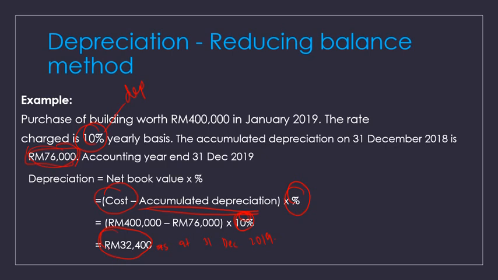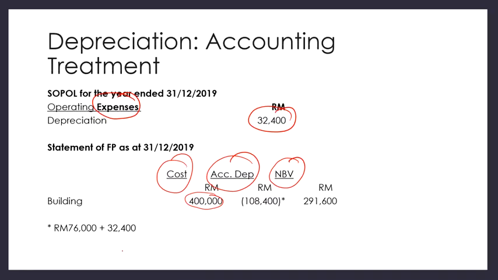Sebab tu kita kena tambah dengan depreciation yang kita kira ni. Ni tahun lepas punya, so kita tambah lah yang tahun ni. So 76,000 tambah 32,400, you akan dapat 108,400. So net book value ni harga you punya asset untuk tahun itu. So you akan tolak 400,000, cost dia tolak dengan accumulated depreciation, so you akan dapat 291,600. Ni cara you record depreciation.